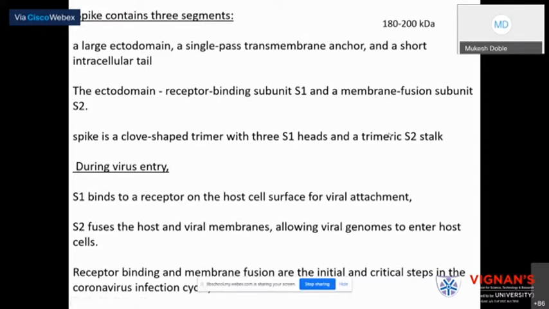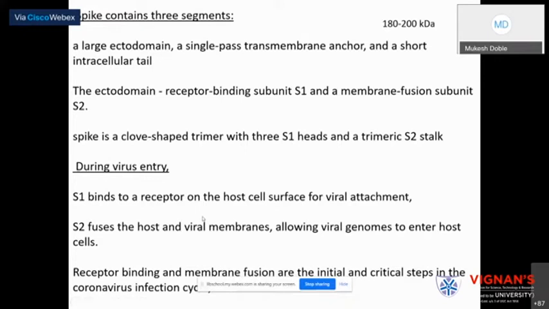The S1 head goes and binds to the host ACE2 protein, whereas S2 is fused to the RNA of the virus, which is going to enter the host. So S1 binds to the host cell surface, that's the ACE2. Then S2 fuses the host and viral membranes, so the viral membranes enter the host cells. That is how it looks.